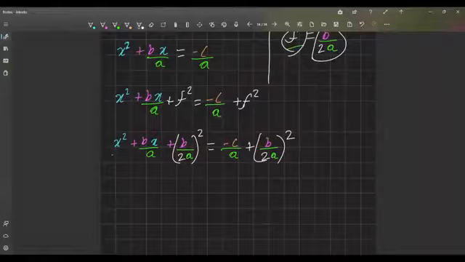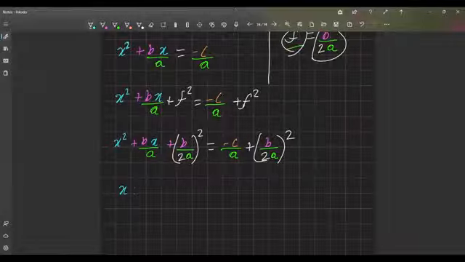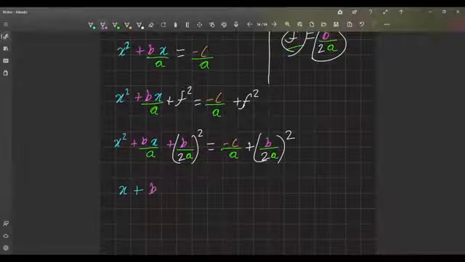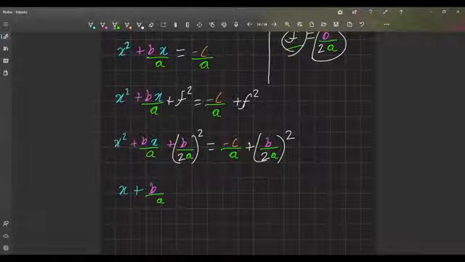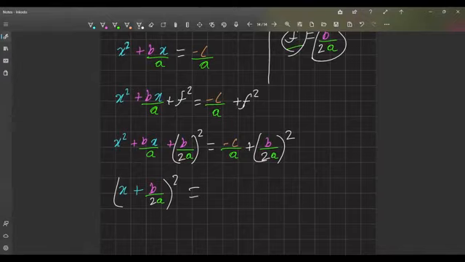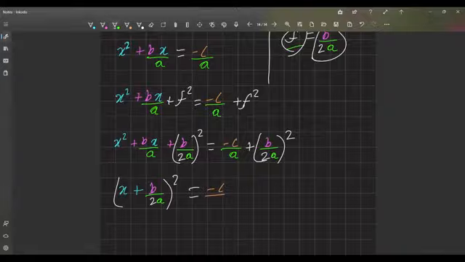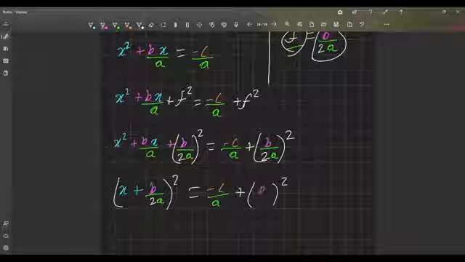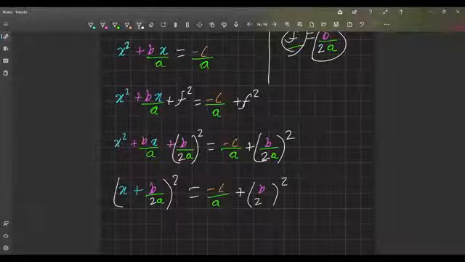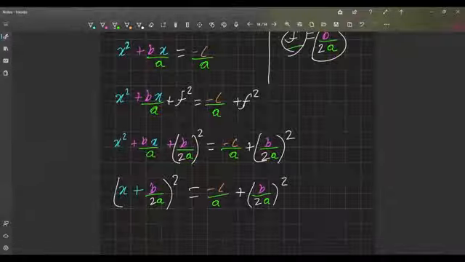Since this is e and this is f, I'll write it down as x plus b over 2a whole square, and this would be equal to minus c over a plus b over 2a whole square.